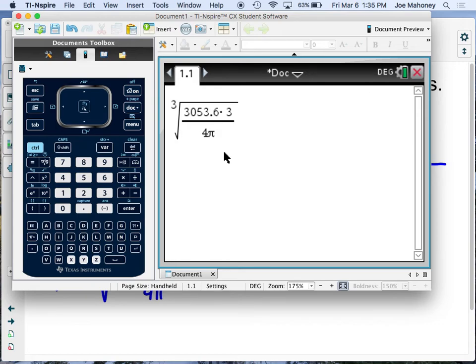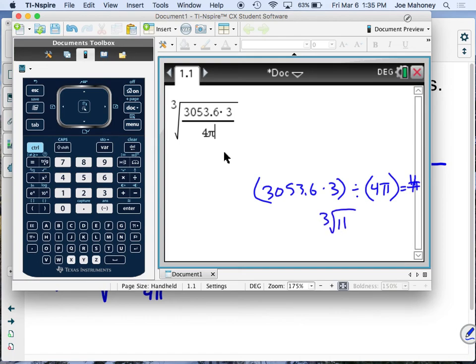Now, if you don't have a calculator like this, and you want to type it all in, I would do 3053.6 times 3. I'd put that in parentheses, and then divide by, and in parentheses put 4 pi. I'd get that number, I think it's around 729. And then I would take the cube root of that number.